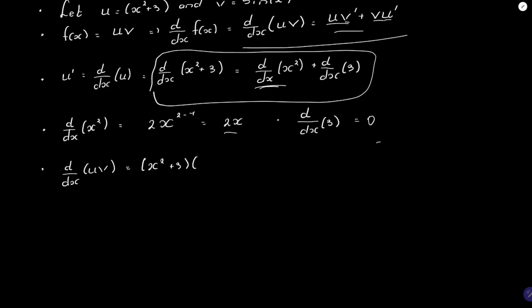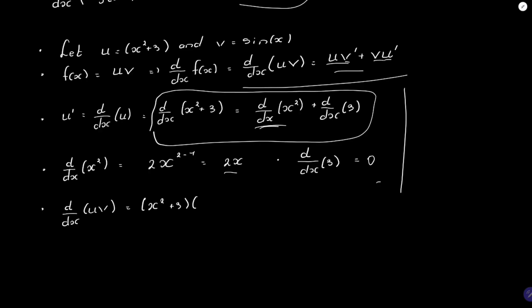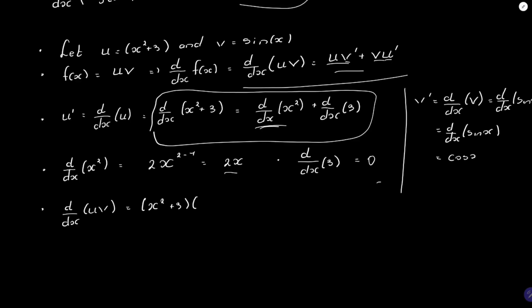I've not calculated it yet. Sorry, guys. v prime is the derivative with respect to x of our term v, which is sine x. If we recall from when we were working on trigonometric functions, it was well stated that the derivative with respect to x of the trigonometric function sine x gives us the function cos x. So we're just going to replace this here.